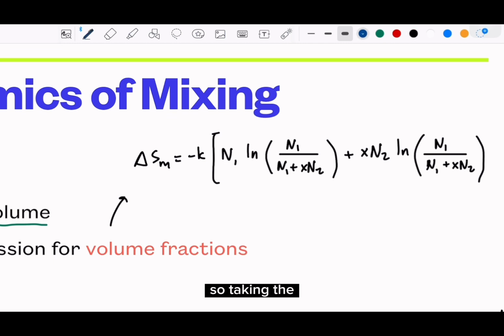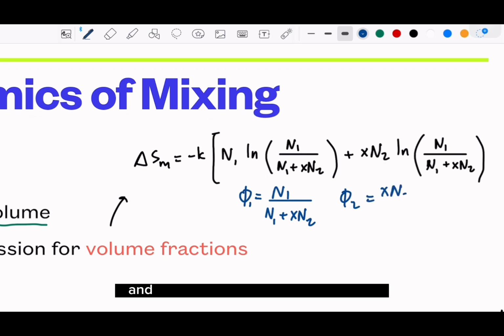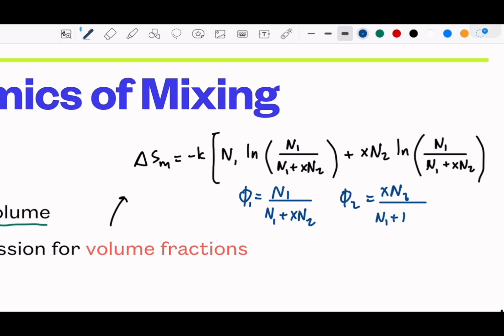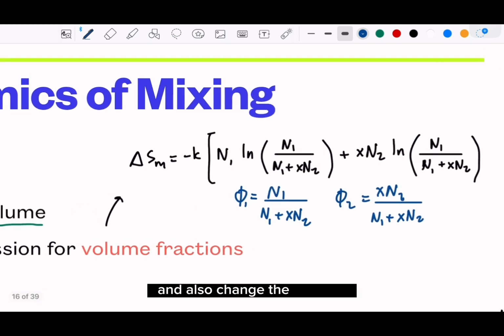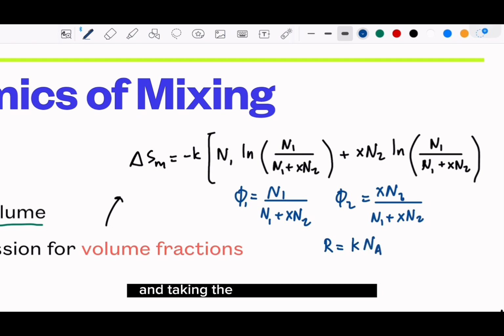So we add that. So all N2 will be added with this x multiplier. So taking the fractions and simplifying, and change all the N2 with x N2. And also change the k with R and take the Avogadro number.